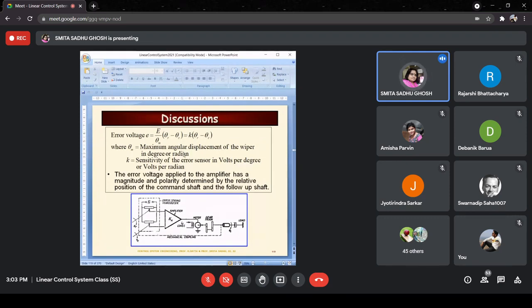So constant K is called the sensitivity and is given by E by theta m. Now if it is given by E by theta m, what would be the units? The unit of K, that is the sensitivity, is either volts per degree or volts per radian, because we have E by theta m. So that is volts per degree or volts per radian, depending on whether my theta is indicated in degrees or radians.